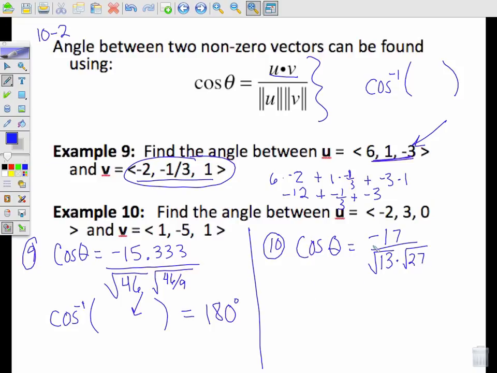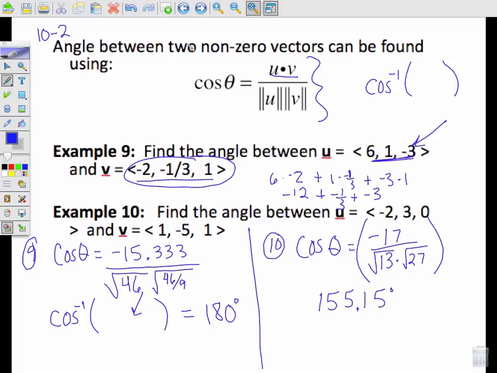Inverse cosine of all of this gives 155.15 degrees. And there's your angle. That's how you find your angle between vectors.